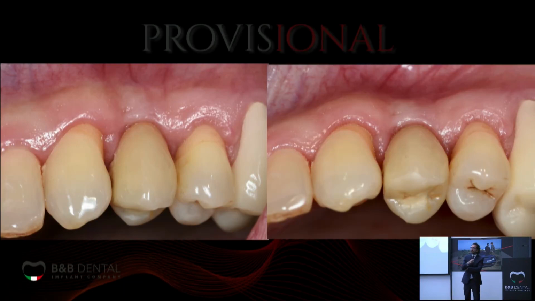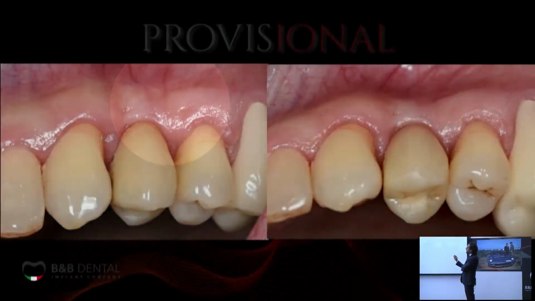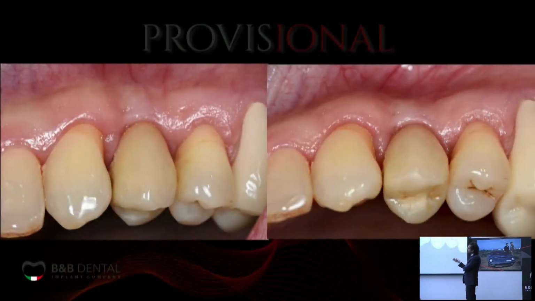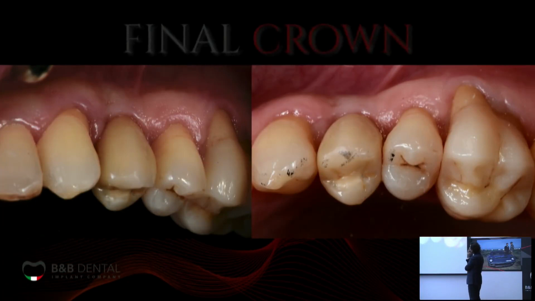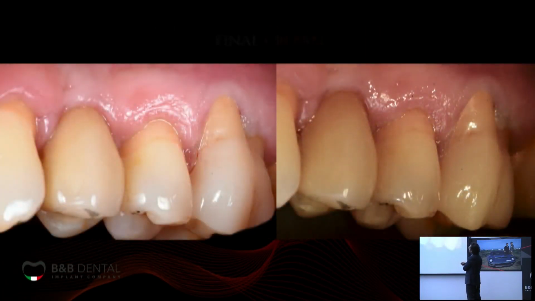After 6-8 weeks, the tissues are stable. So this is the aspect of the tissues around the implant, and this allows us to go through the final prosthesis, the final crown, the control of the occlusion.